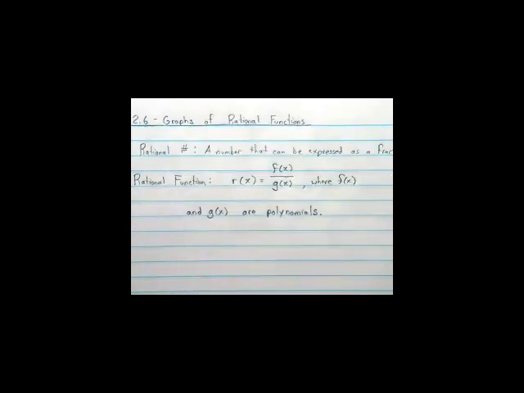Okay, so that's why this section is included in Chapter 2, because Chapter 2 is everything polynomial. That's what we've been studying so far. And so a rational function then is one that's defined as a polynomial divided by a polynomial.